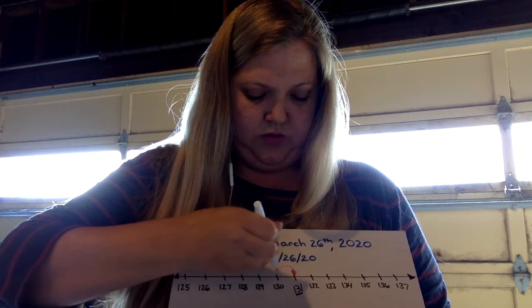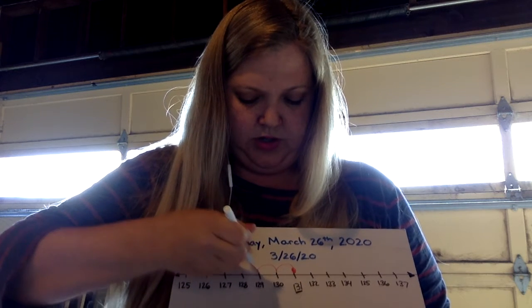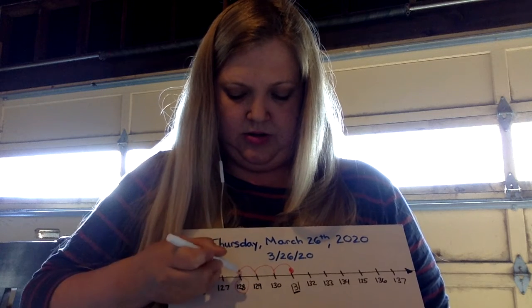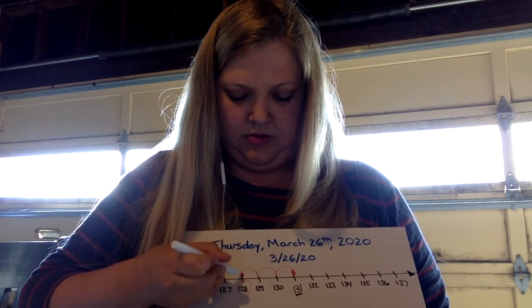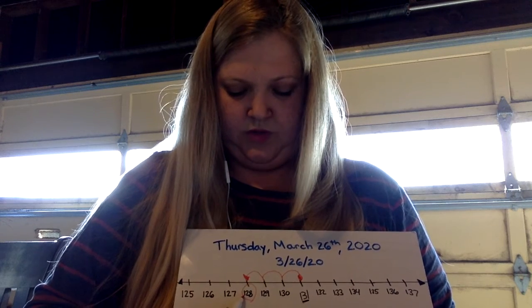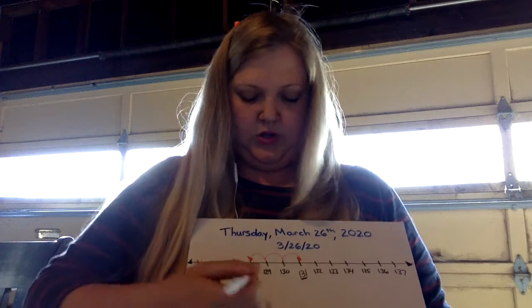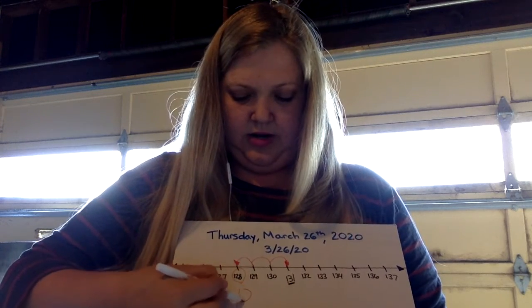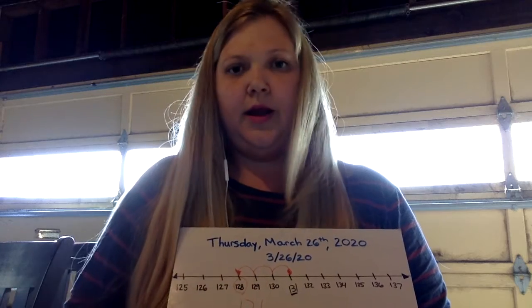Ready? Subtract 1, subtract 2, subtract 3. And where did we land? That's right, right there at, what number is that? 128. So let's write an equation for that. 131.